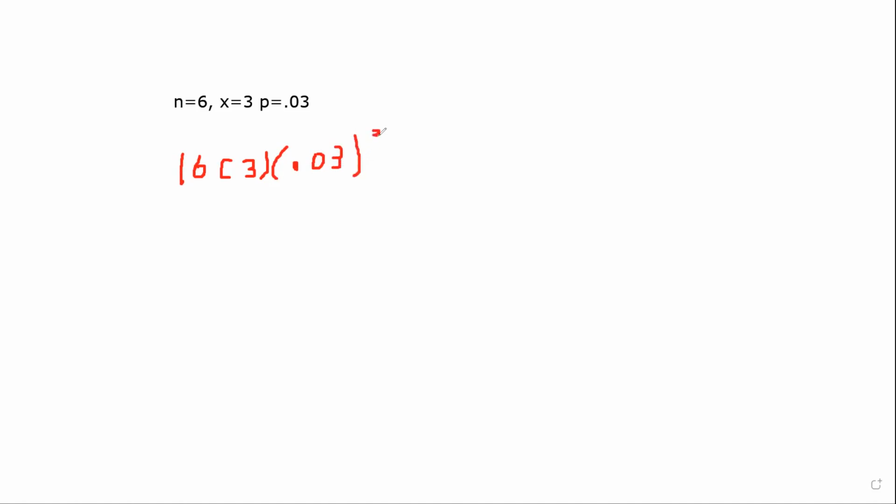And then the second piece of this is 1 minus P, which is 1 minus 0.03, which is 0.97, but I'll write it this way. So that all matches. And then N minus X is also 3 here. All right, let's see what we end up with when we put this in the calculator.